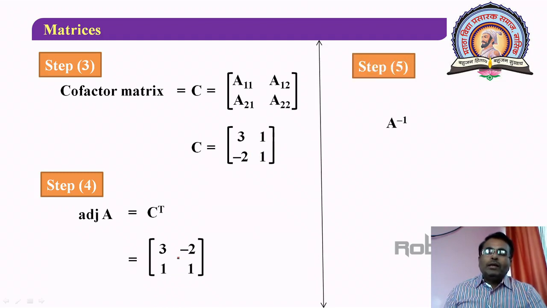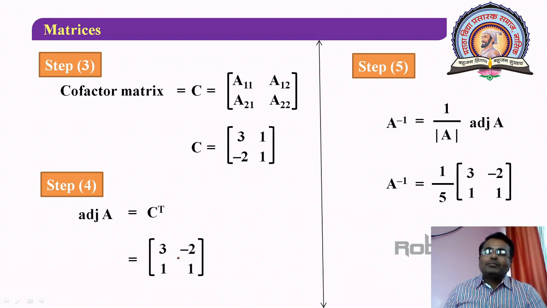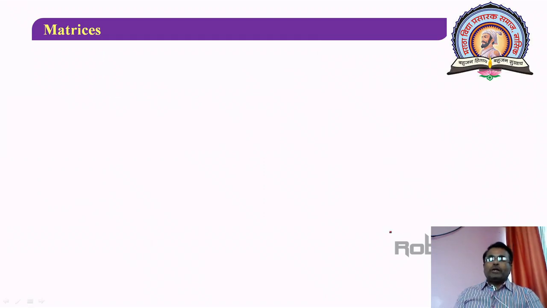We know that A inverse is defined as 1 upon determinant A into adjoint of A. Therefore A inverse is equal to 1 upon, we have seen that determinant was 5. So 1 upon 5, and here the adjoint matrix is 3, minus 2, that is coming here, and 1, 1, that is coming here. This way you have got the inverse of a 2 by 2 matrix.